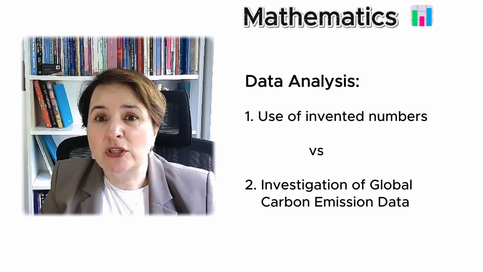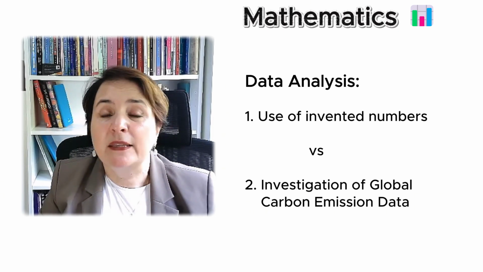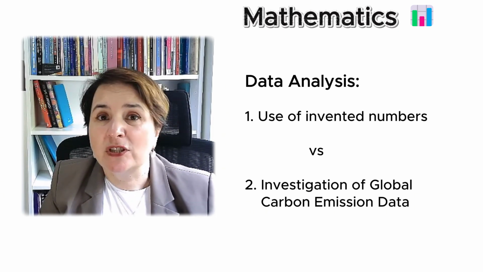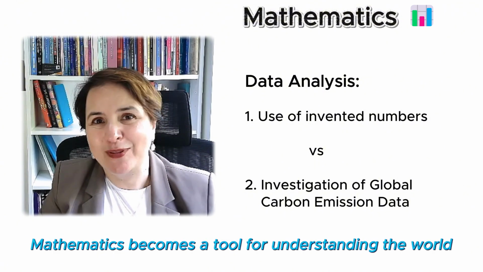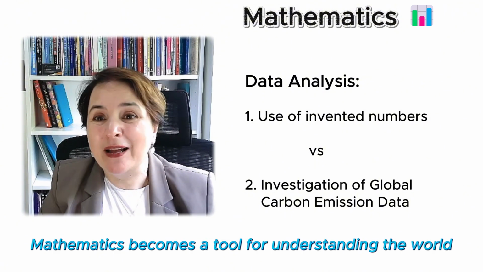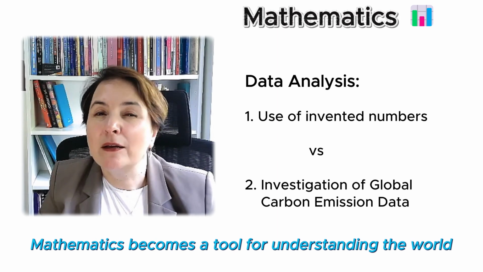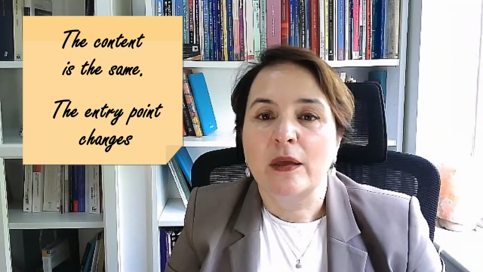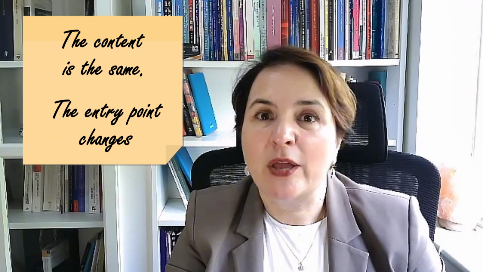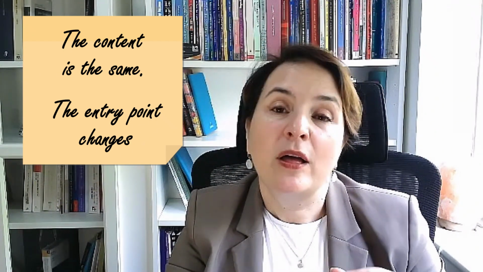So rather than using random numbers, they might investigate global issues such as carbon emissions, population growth, or access to education. Mathematics becomes a tool for understanding real-world challenges and making informed decisions. So you see that the content is the same, but the entry point changes. Keep that in mind because we are going to see how that work has already been done for you.